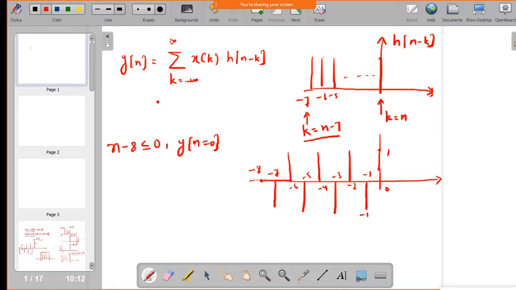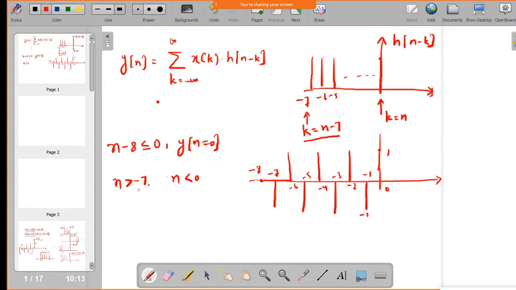Now if you slide this one, whenever n is greater than minus 7 and less than 0, see here, the samples of x of n exist between minus 7 to 0.